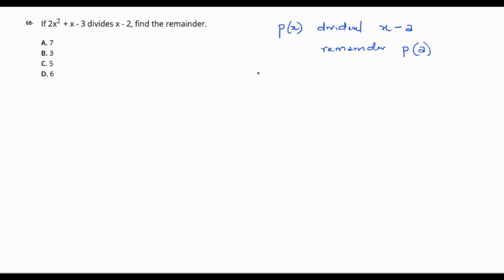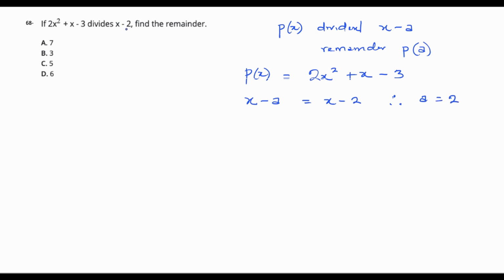So in this case, our p of x is the polynomial which we're dividing, which is 2x squared plus x minus 3. And our x minus a in this case is x minus 2. So we can say that our a is equal to 2 from here.